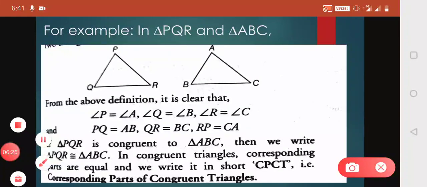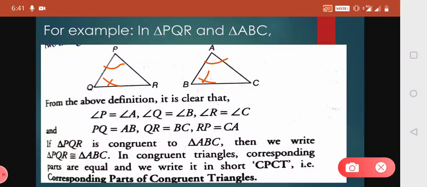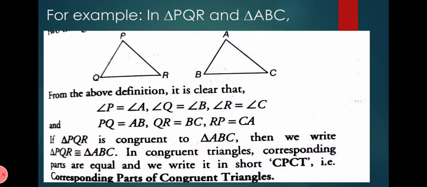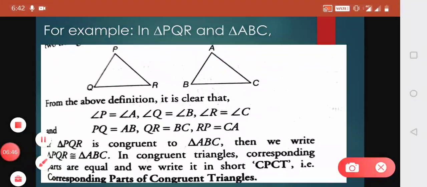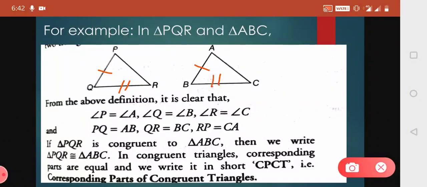Here you can see that angle A is the corresponding part of angle P. Similarly, B is the corresponding angle of Q and C is the corresponding angle of R. In the same way, side PQ corresponds with AB, QR corresponds to BC and PR corresponds to AC.